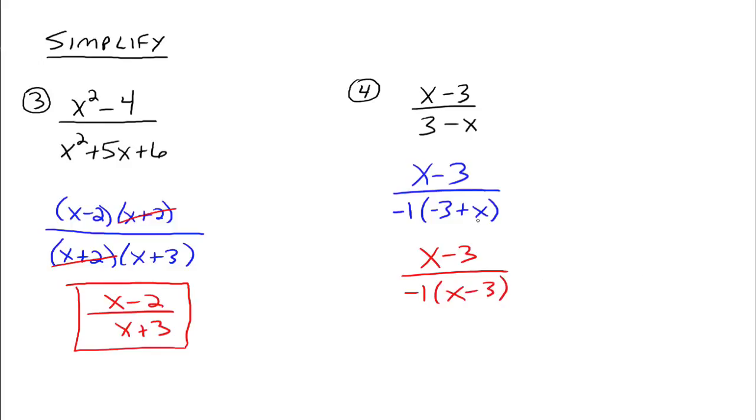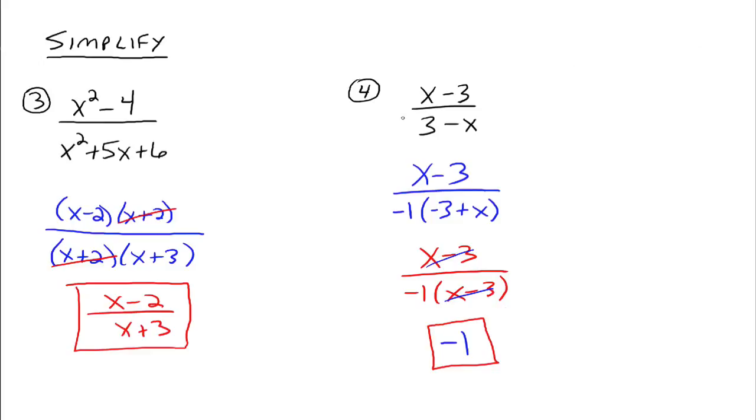Negative 3 plus x is the same thing as x minus 3. And now the x minus 3's can divide out. The whole thing can divide out, leaving behind negative 1. So this expression, x minus 3 divided by 3 minus x, divides out to negative 1.